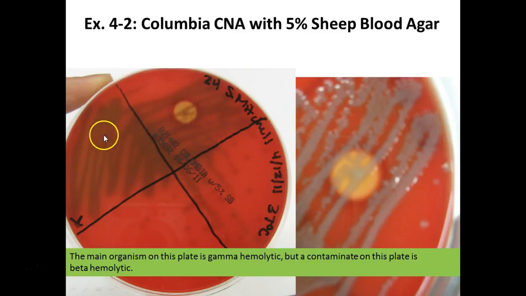It's growing just fine everywhere else on the plate. This little spot right here is contamination, probably from her own nose, breathing on her own plate, because most people have Staph aureus in their nose. And on blood agar, it's beta hemolytic. And that's what you're seeing here, beta hemolysis.